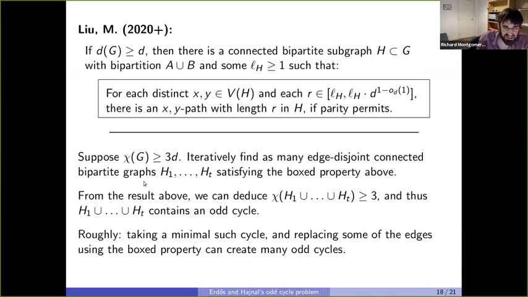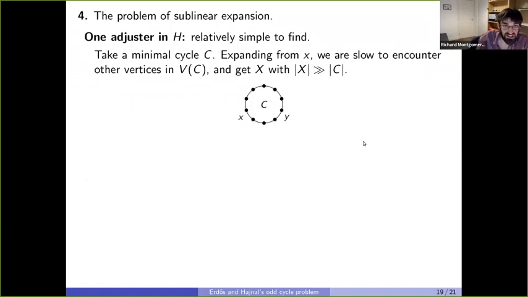So I want to say a few words on the technical issue of sublinear expansion. We're trying to construct things using this really sparse expansion. And we want to construct these adjusters, as I showed you before, these cycles with the 2 triangles. If you're just finding one adjuster, then with the parameters we want, it's relatively simple to find.